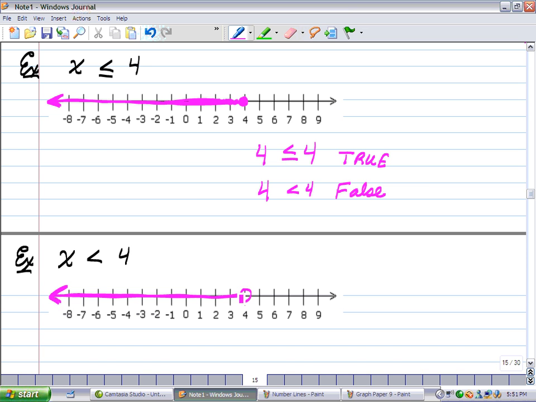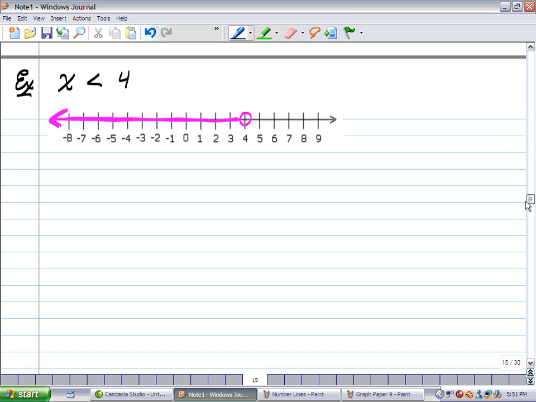I cannot put a dot on the 3 and then go to the left, because then I would be leaving out all these fractions in here between 3 and 4. So I want to write it in that way. Okay, if I was going to do greater than or equal, I would do the same thing, a solid dot to the right, and greater than an open dot to the right.